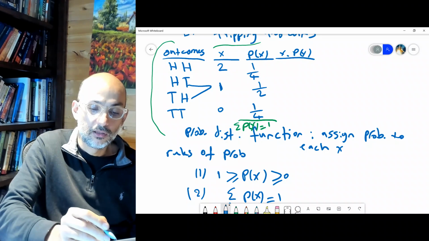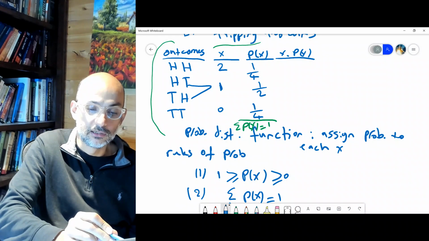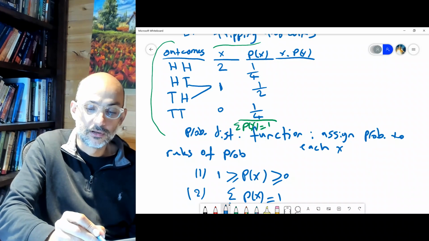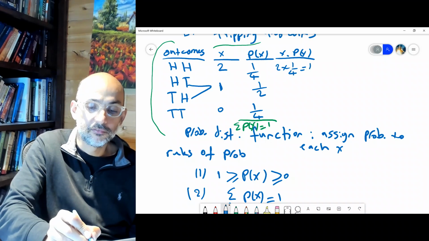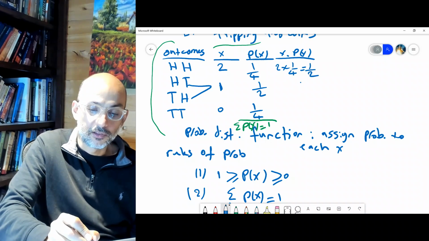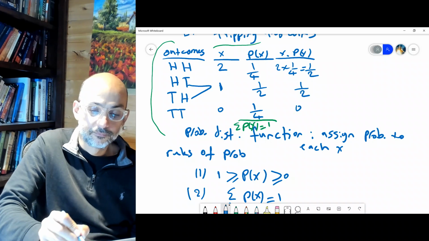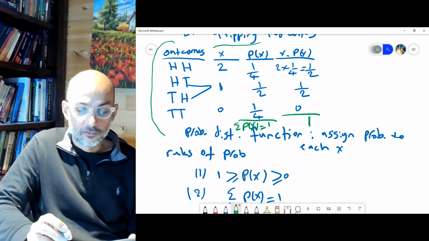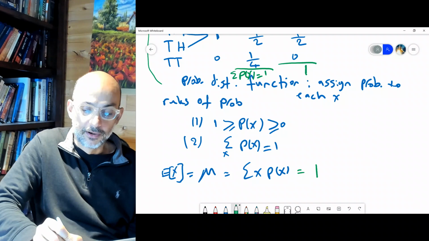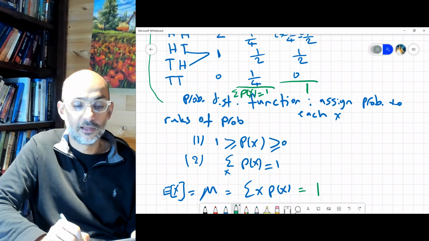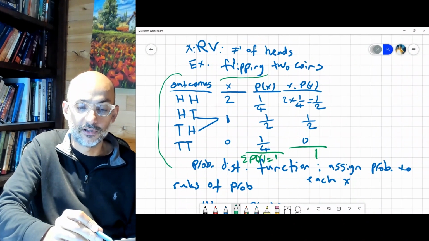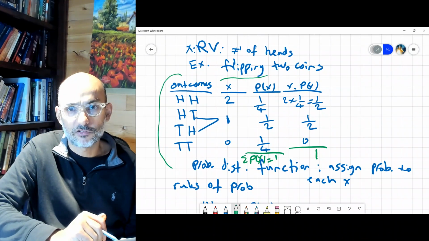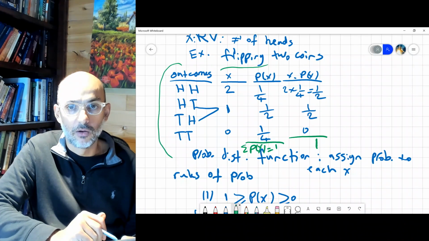Here you multiply the x which is 2 by 1/4, so that is 1/2, and here is another 1/2. This is 0. So 1/2 plus 1/2 is 1. For our example it will be 1. So mu, the expected number of heads, remember what we defined our random variable as, on average our expected number of heads will be 1.